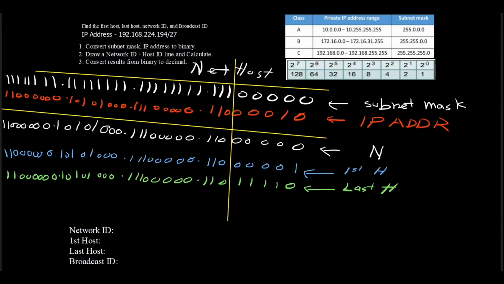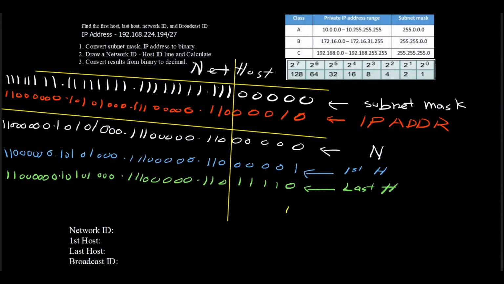And also I'm looking for the broadcast ID. So I'm going to turn all the bits in the host portion into ones for the broadcast ID. It's basically the opposite of network ID. In the network ID we are turning all the bits to zeros, and in the broadcast ID we are turning all the bits to ones.